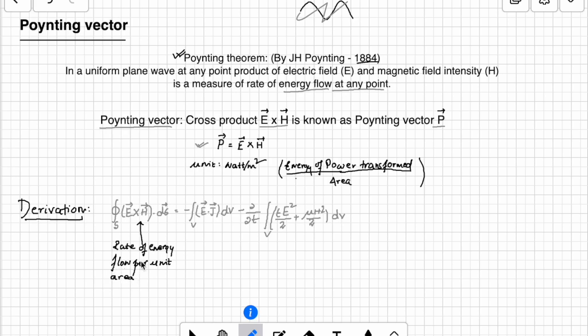That's the first term. The second term is called power loss. Obviously if there is energy and a transfer from one point to another, there will be some kind of loss, and that is called the power loss. And the third term is called the rate of decrease of stored energy.